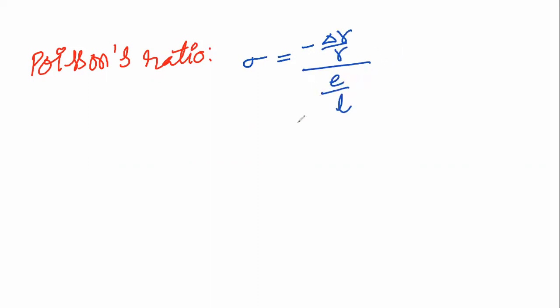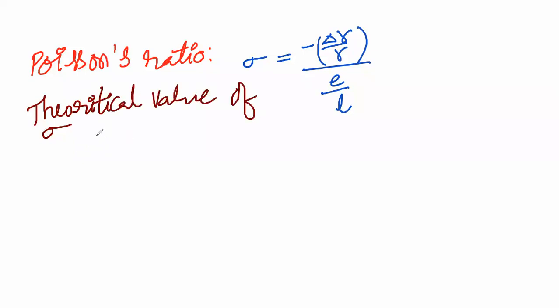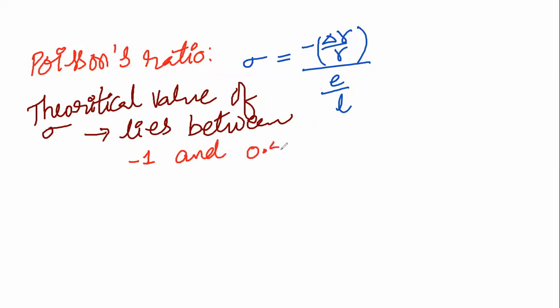Along with the length, if it is increasing, the radius or diameter also changes. This is Poisson's ratio: sigma is equal to minus delta R by R divided by delta L by L. The theoretical value of sigma lies between -1 and 0.5.